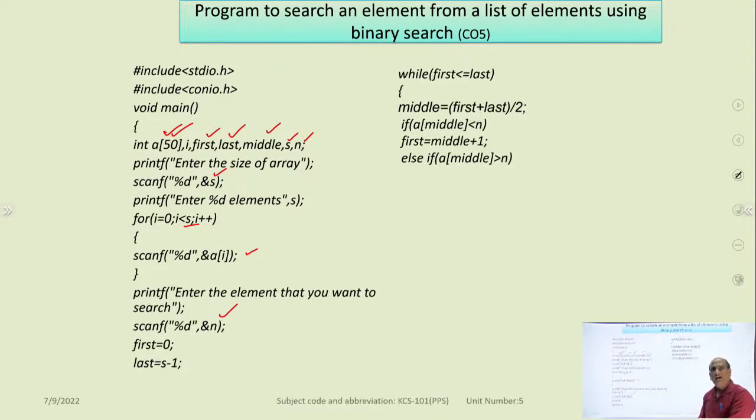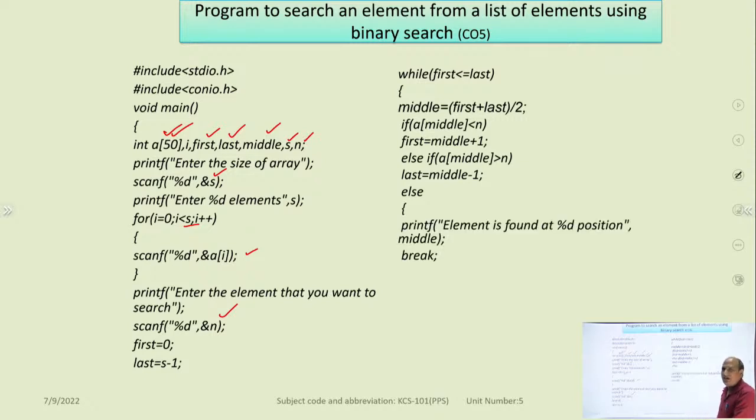Otherwise, if the item at middle position is greater than the item that we are looking for, then move last to middle minus 1. Else, if both do not happen, it means the item is present at the middle, and we will just print the item position as the middle position, and by break we will come out of the loop.